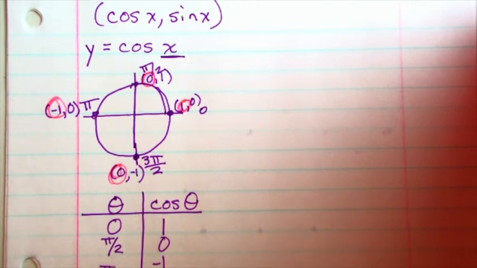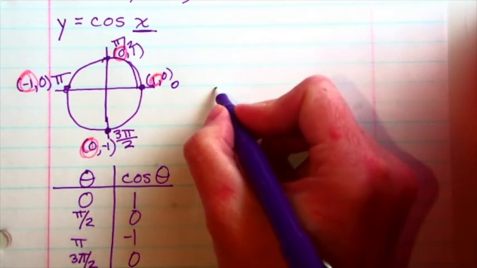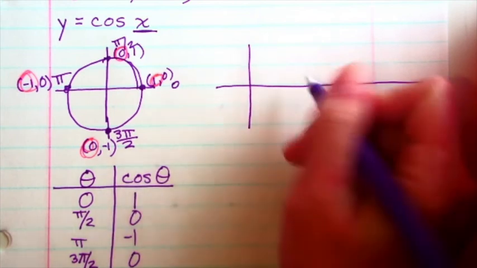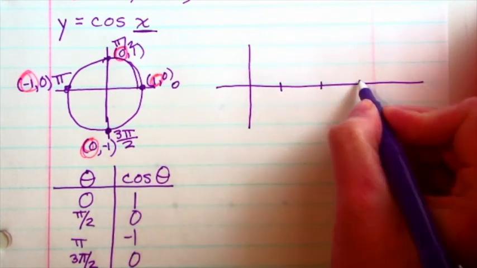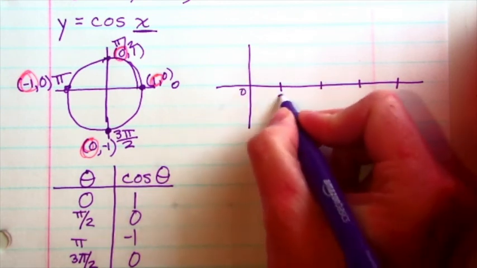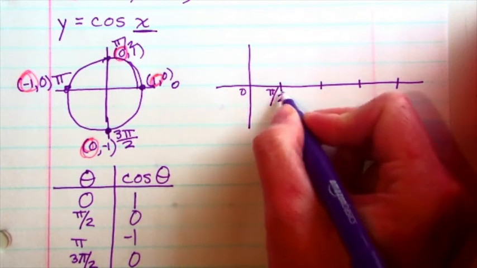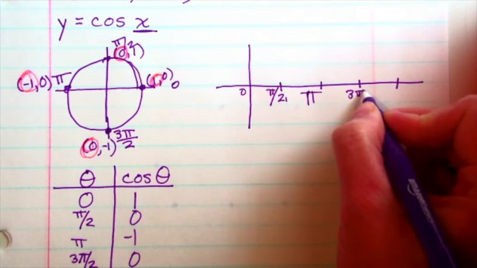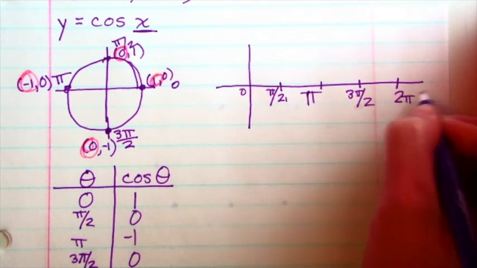So this is going to have the same general shape, but it's going to start in a different place. So looking at that cosine wave in this case, we're going to start at 0, and then pi over 2, pi, 3 pi over 2, and 2 pi.